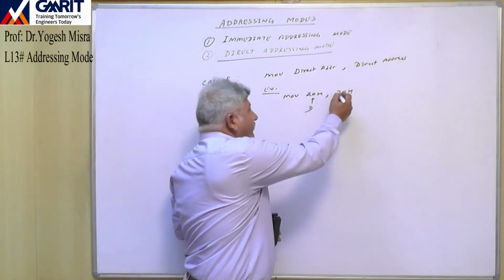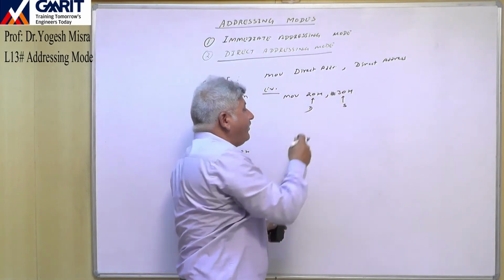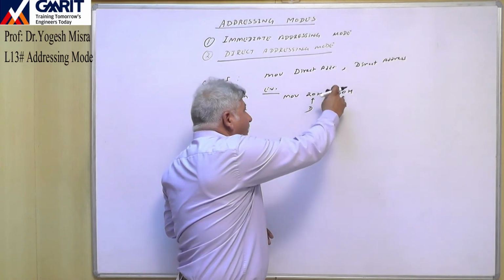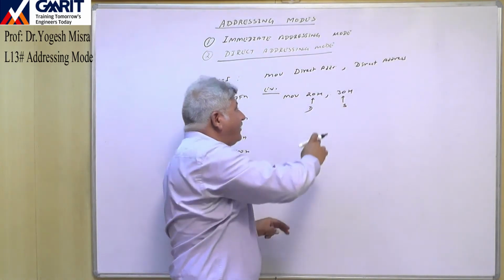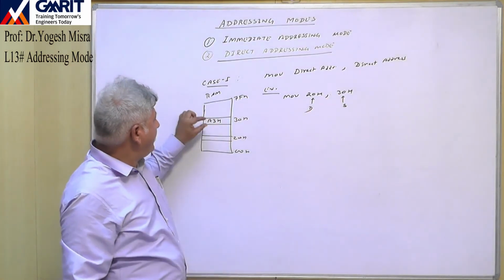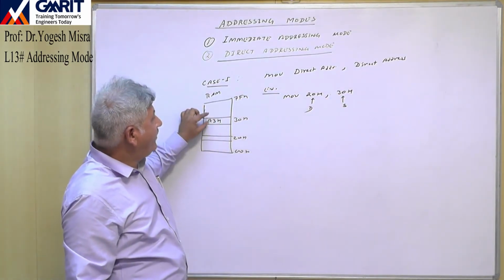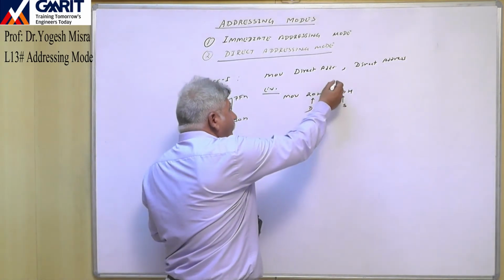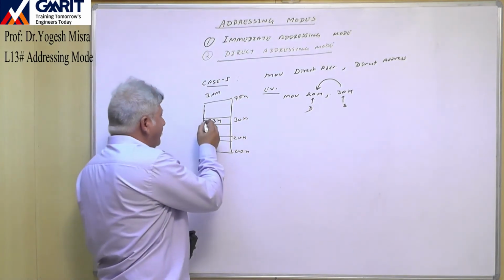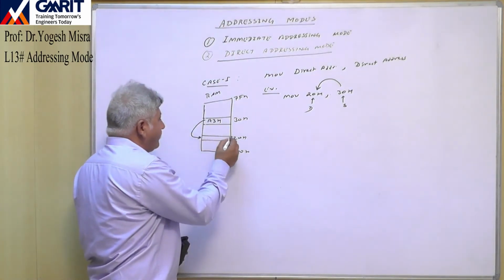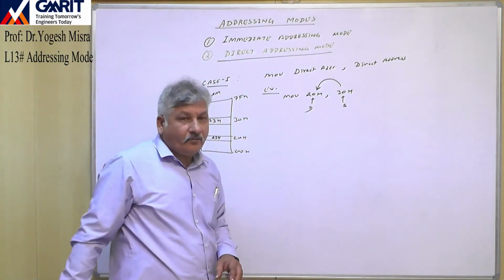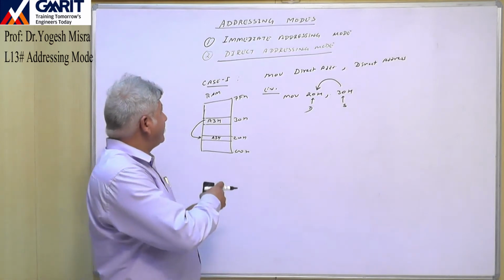See, here we are not having the hash symbol. If you put this symbol, then this will become data. Now the hash symbol is not there, this indicates this is an address. At this address, whatever data is there, right now it is A3, it will be moved to address 20H. So now this A3 will be moved to address 20H. So here A3H will be stored. So this is case 1.